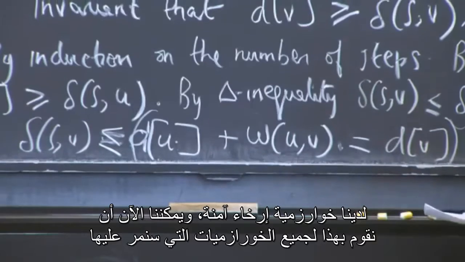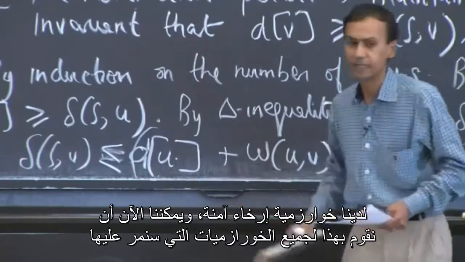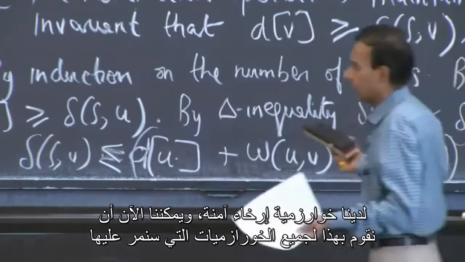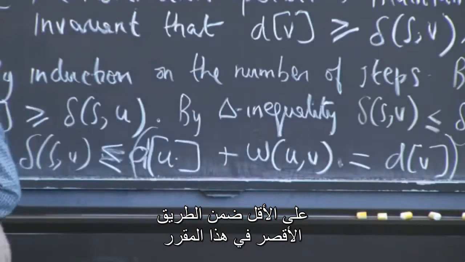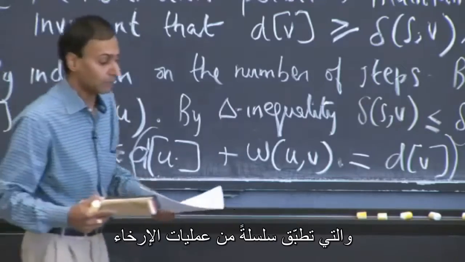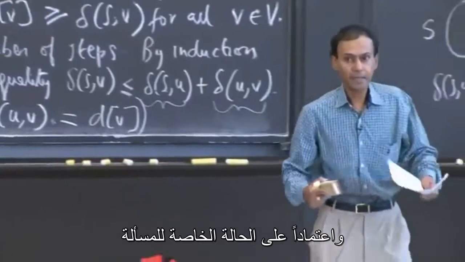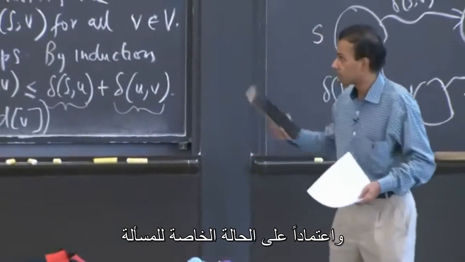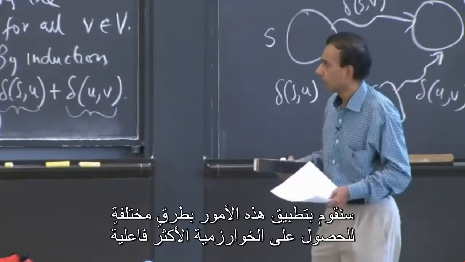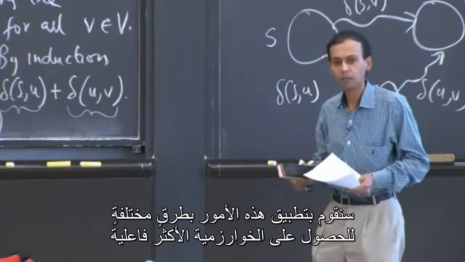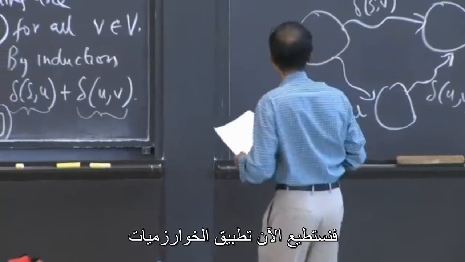We have a relaxation algorithm that is safe. We can now arbitrarily apply some sequence of relaxations, and we'll do this for all of the algorithms we look at, at least in 006 for shortest paths. Depending on the special case of the problem, we're going to apply these things in different ways to get the most efficient algorithm. All right? And so we can now do algorithms.